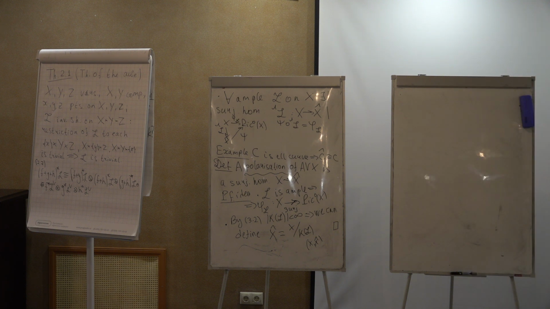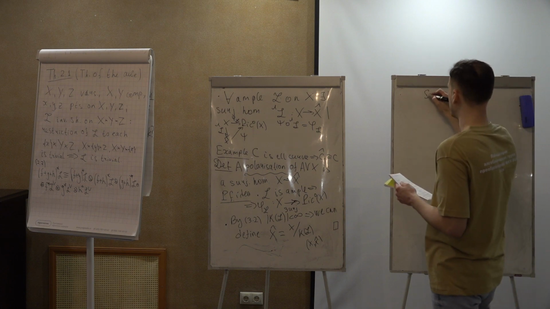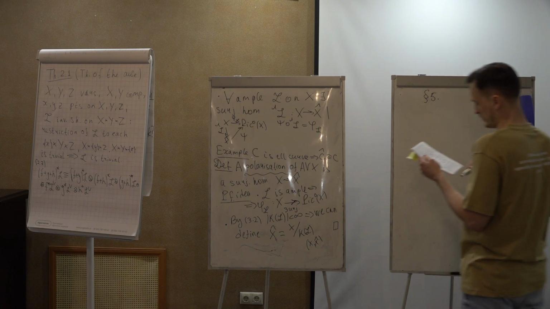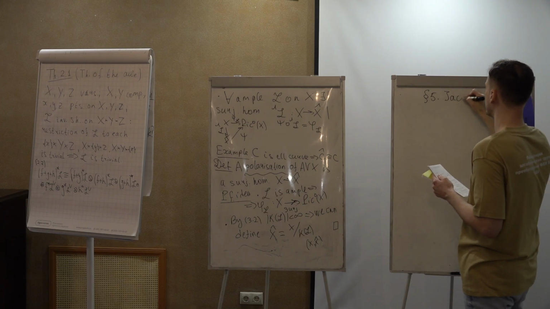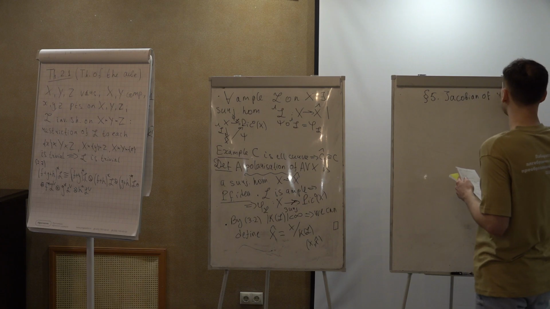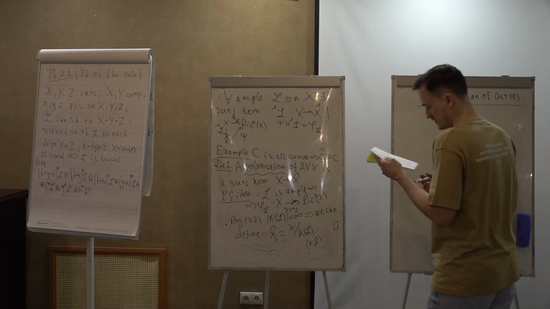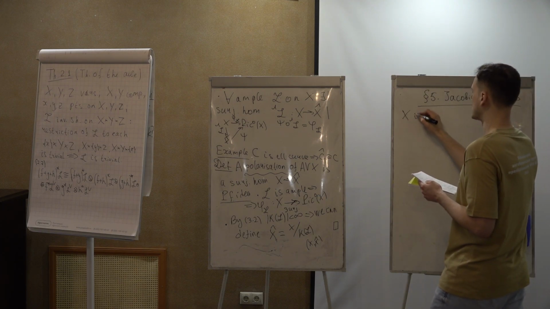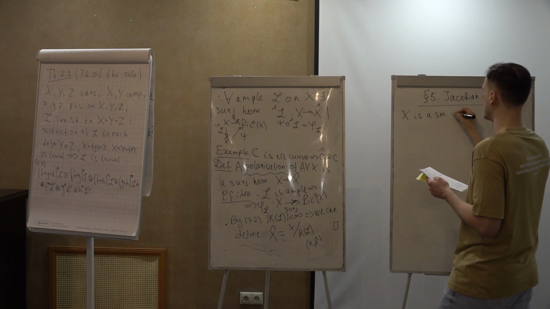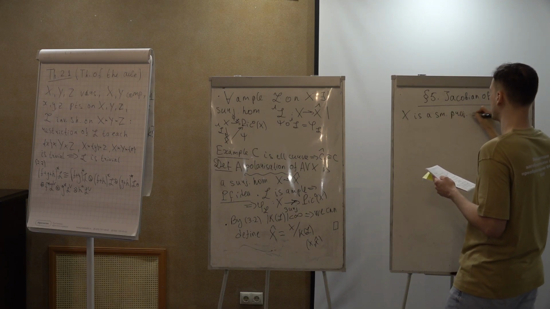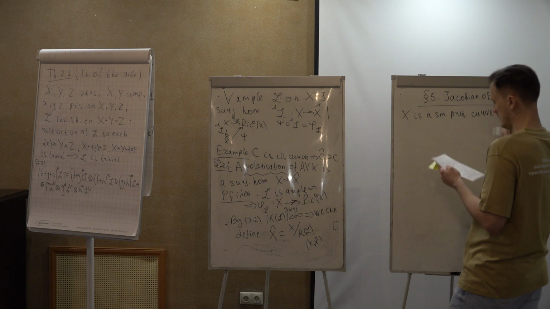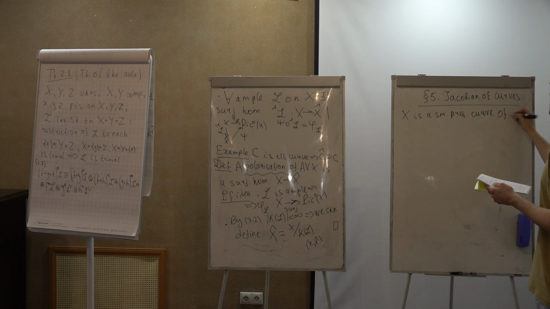And I just have a little bit of time, so maybe quickly we move through Jacobians of curves. Let's just state what's going on. Now X is a smooth projective curve of genus g.